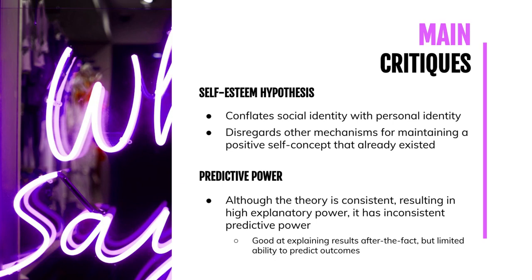And then finally, one of the biggest critiques of social identity theory is that although it has high explanatory power, it tends to be very inconsistent with its predictive power. That means it's really good at explaining results after the fact. Basically, it's retrospective. It's really great in retrospect.